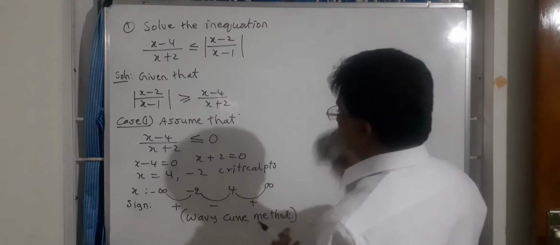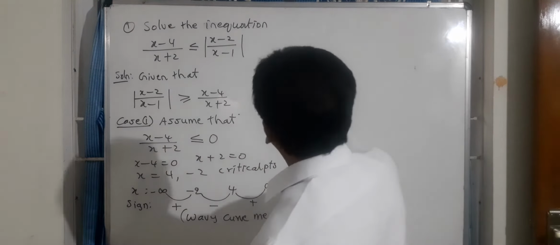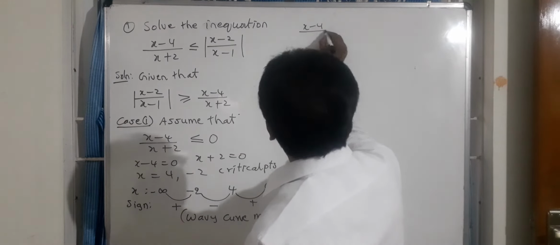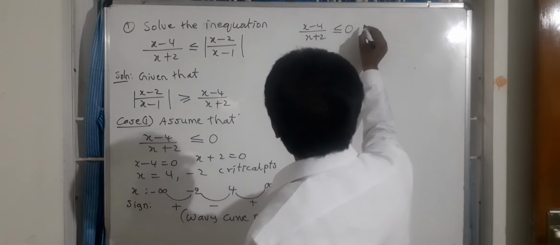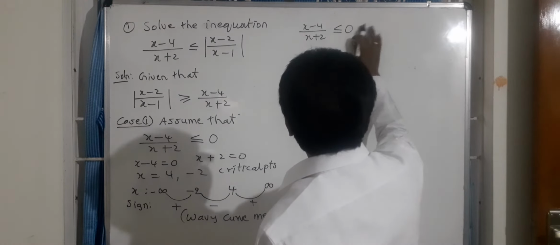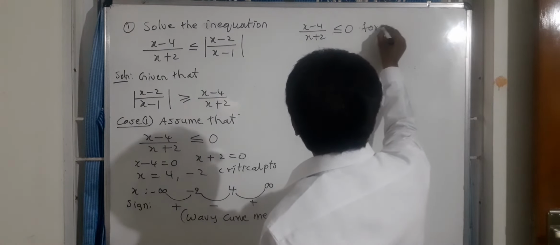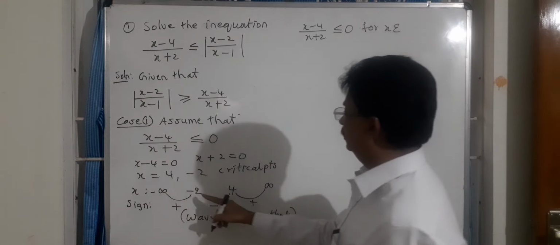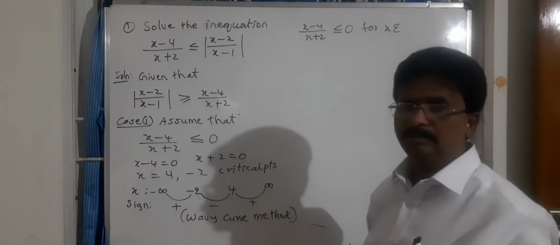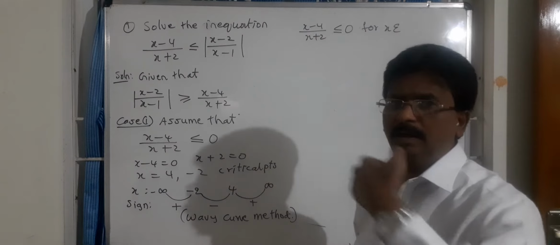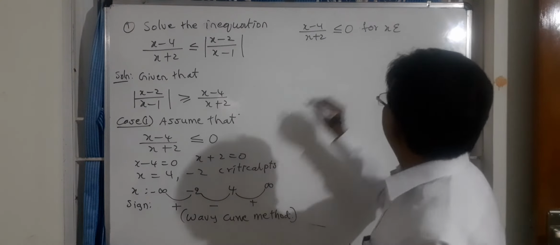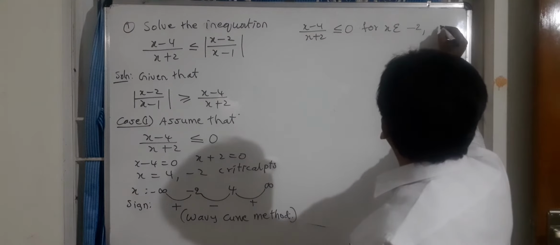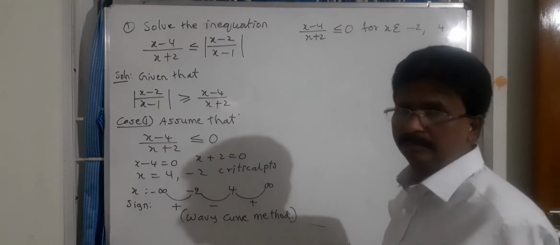What is this inequation? (x - 4)/(x + 2) is less than or equal to 0. For x belongs to (-2, 4), all numbers from -2 to 4, beginning number -2 and the last ending number 4.